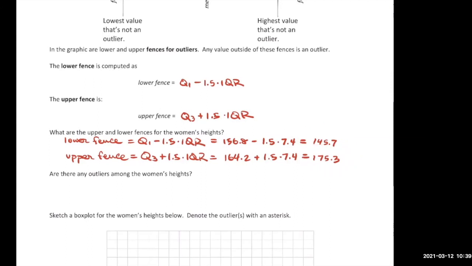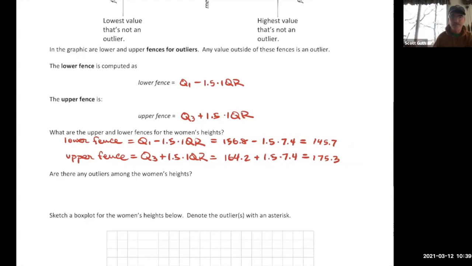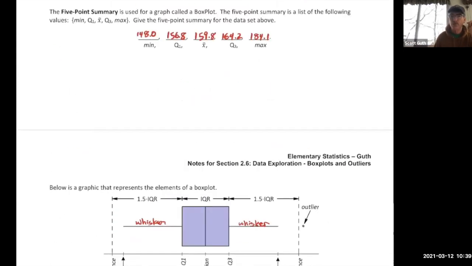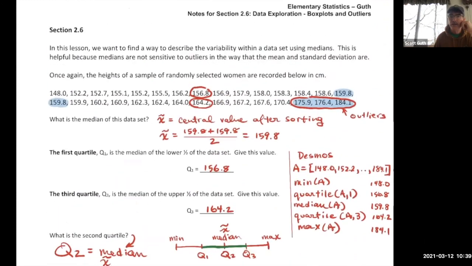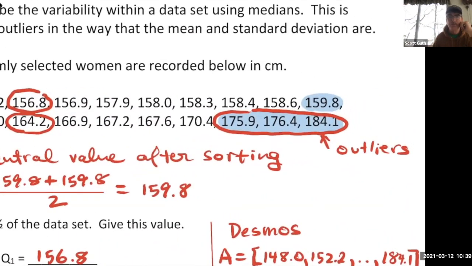It's like these are fences, and if you hop the fence, now you're running around wild, you're an outlier. So we had 3 renegade outliers here because they're all bigger than 175.3.